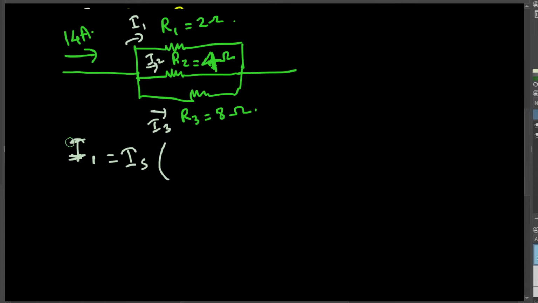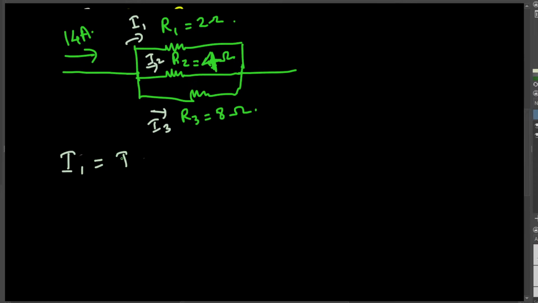But when we have 3 resistances, we cannot use it. We had to use another form. One thing you can do is combine 2 resistors and solve it. Like you can find the equivalent resistance of these two, and then you can apply this current division formula. But if you have 3 and you want to directly find it, you can use this formula.